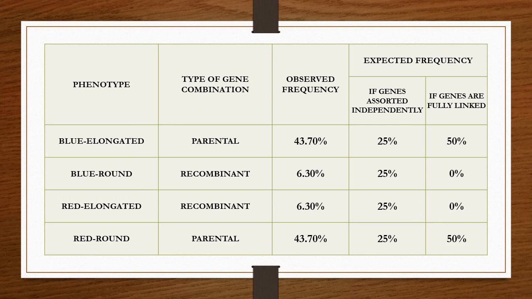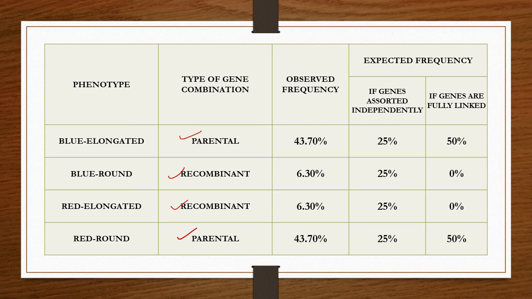Blue and elongated is a parental type combination, and red and round is also a parental kind. Blue and round, and red and elongated, are the recombinant type combinations.